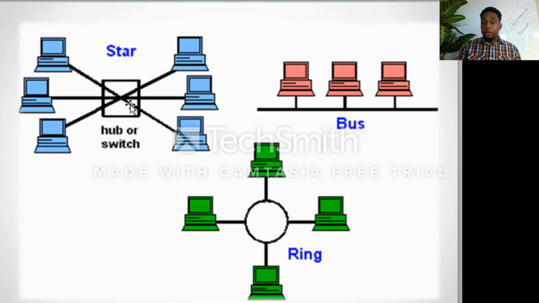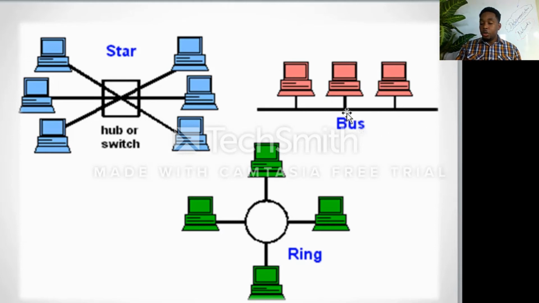So another point there is also that this type of network setup is very expensive to set up. If you look at the bus network over here, it says the bus network is the simplest type of network setup that we have here, where the network nodes are in a line.